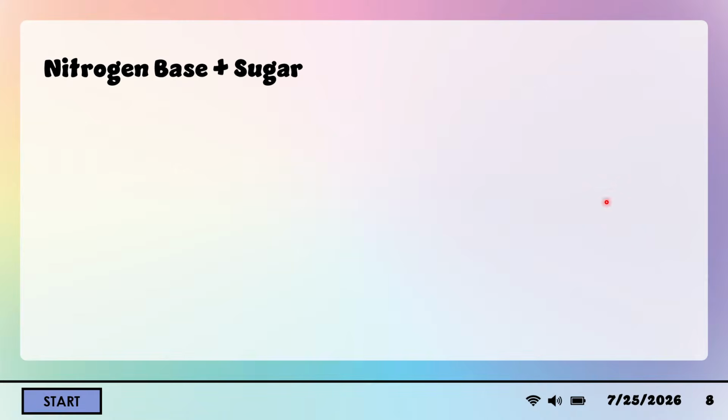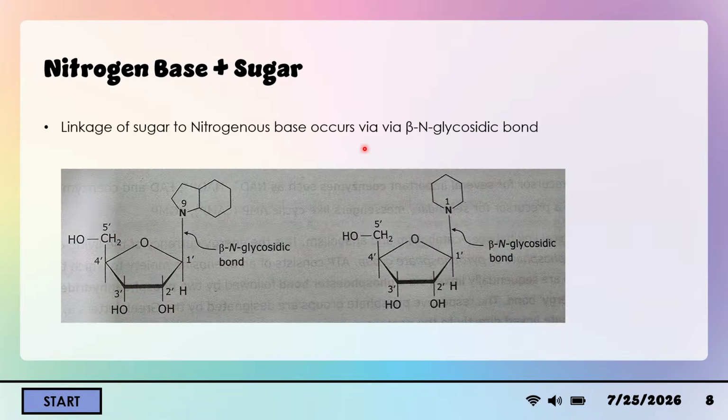Now let's discuss the nitrogen base and sugar and how they come together. The nitrogenous base linkage to the sugar occurs via a bond called beta N glycosidic bond. So you can see this bond here.